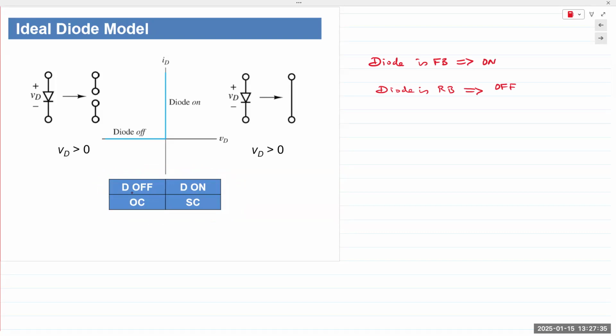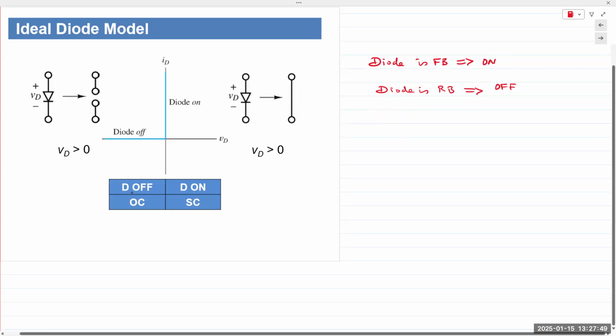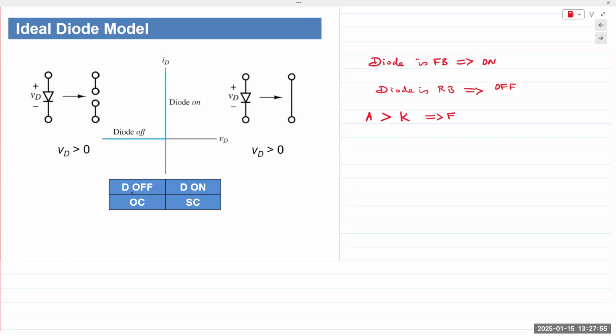In order for a diode to be forward bias, the anode of the diode must be higher than the cathode. Okay. So forward bias requires the anode is higher than the cathode, then it's forward bias. If anode is less than the cathode, it is reverse bias.